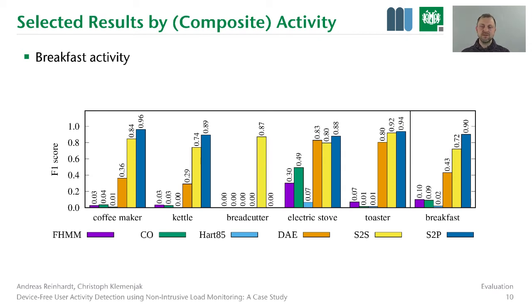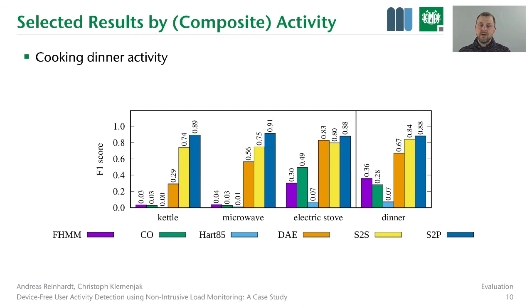But in principle, what we can see here is that the 3 leftmost algorithms have a poor performance across the board. So it doesn't really matter much, and we should basically disregard them at this point. But the 3 on the right do actually show that NIAD achieves almost as good results as the individual appliances NILM.